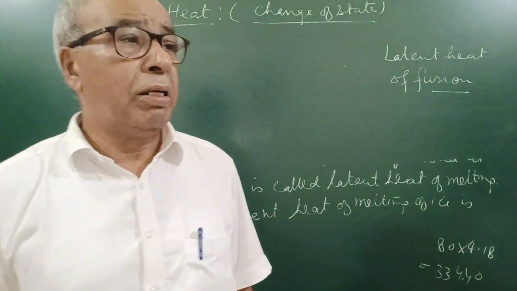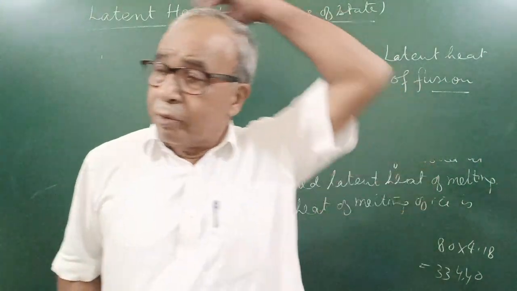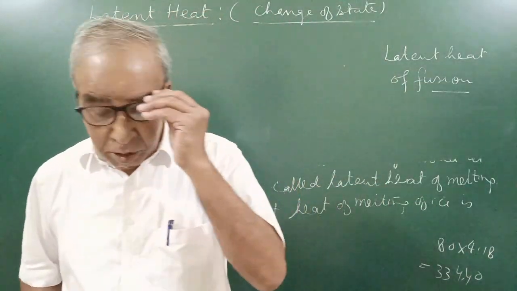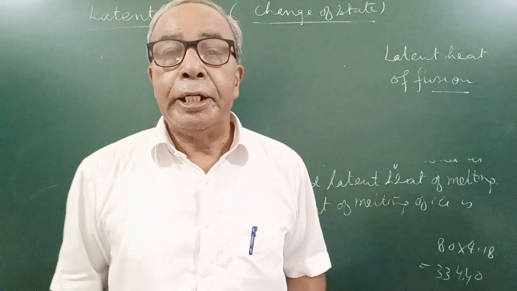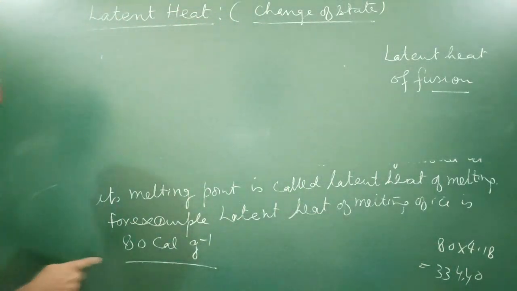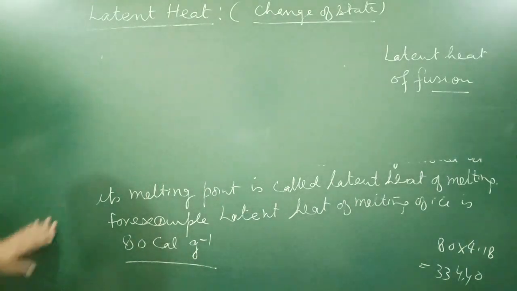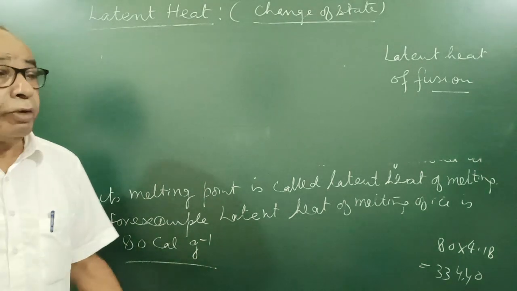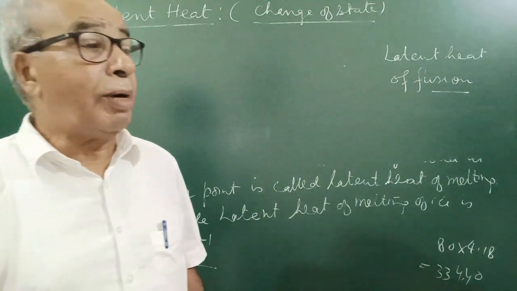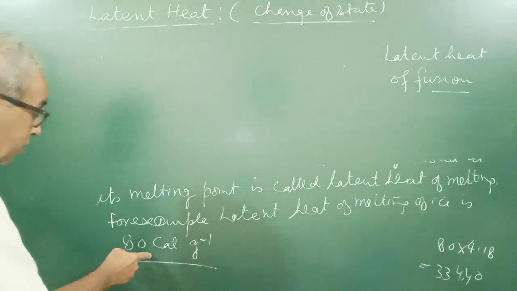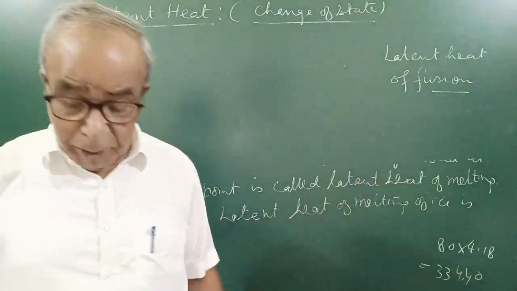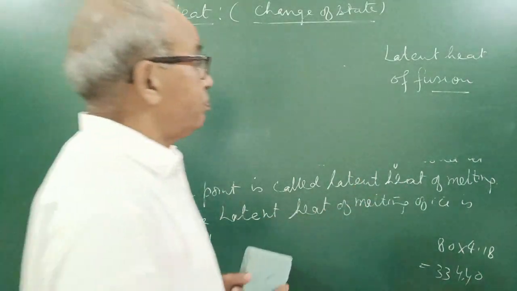When liquid molecules come together and make solid, that process is called fusion. So latent heat of fusion means: 1 gram of ice melts by taking 80 calorie of heat, then 1 gram of water at 0 degree centigrade will become ice by releasing 80 calorie of heat. That we may call latent heat of fusion.